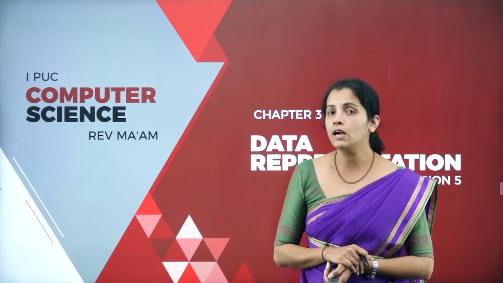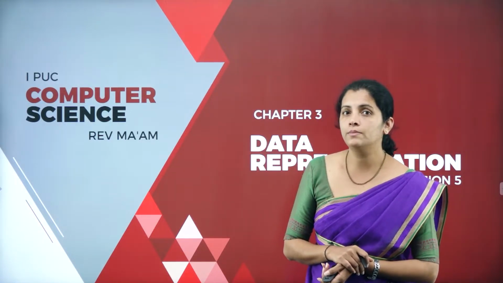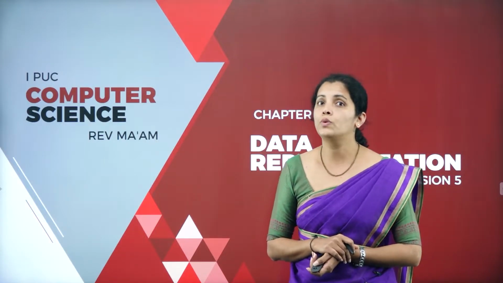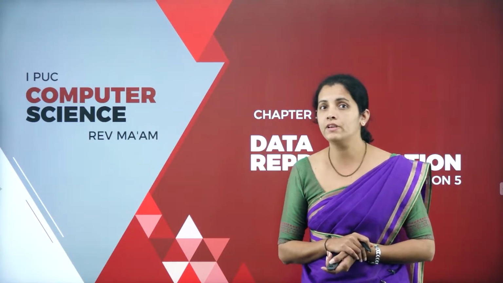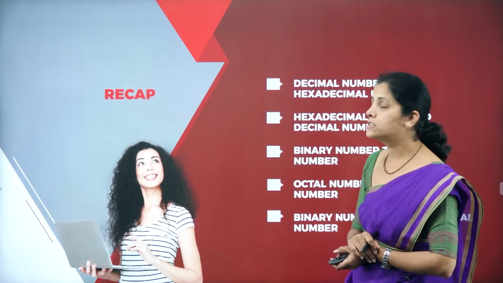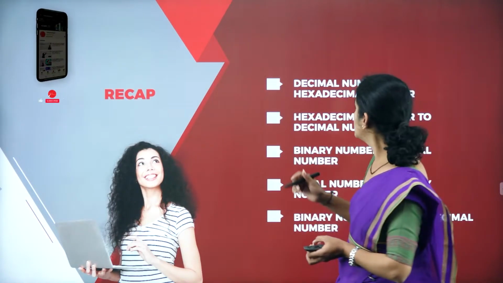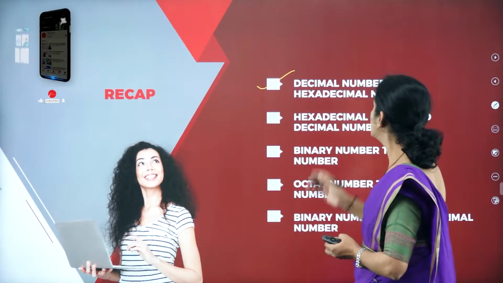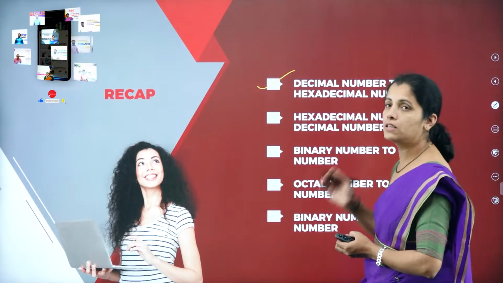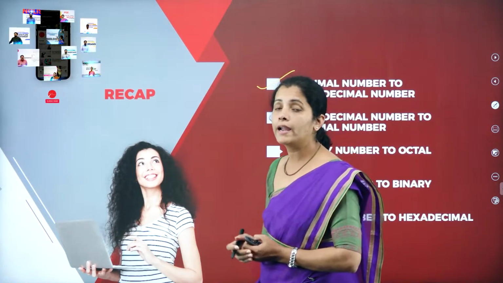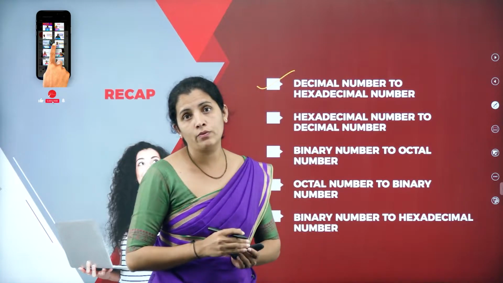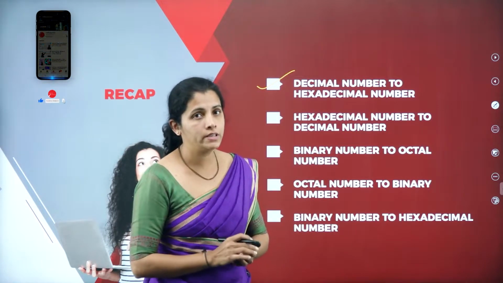Before starting today's session, let me recall what we discussed in my previous session. We discussed how to convert decimal numbers to hexadecimal numbers and what rules I want to follow while converting.